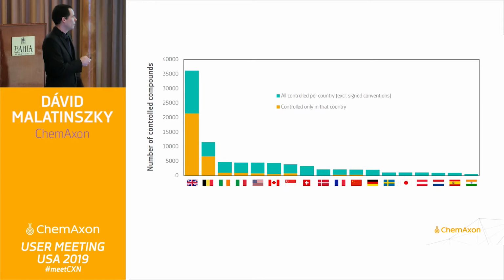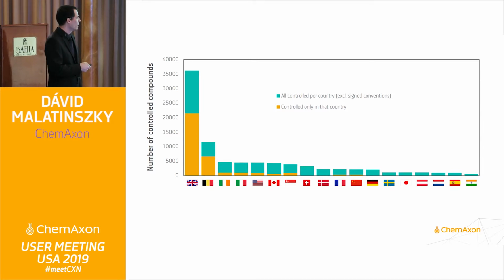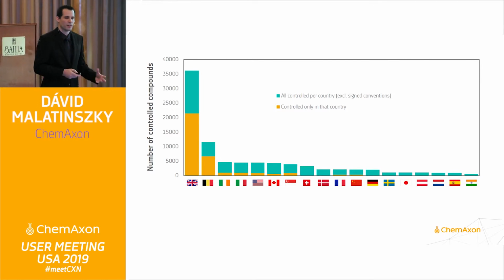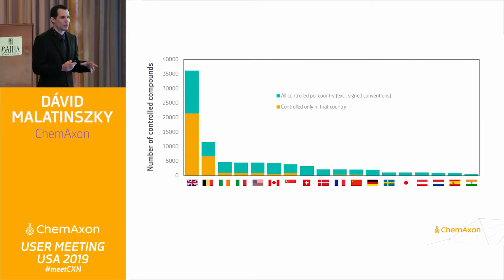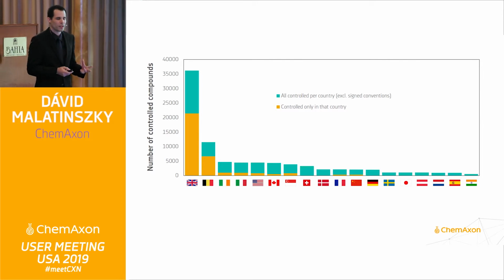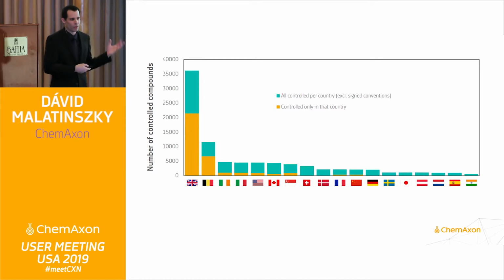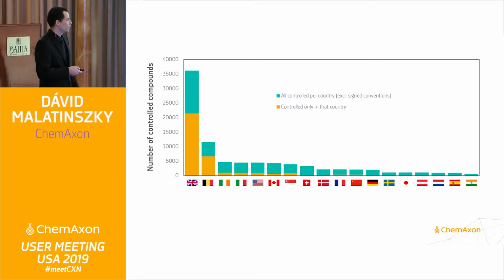It also has a much larger number of compounds controlled. What is interesting here is that you all know that many of these countries are in the European Union, so one might think that they will more or less control the same scope of substances, but this is not the case. There are significant differences by country.